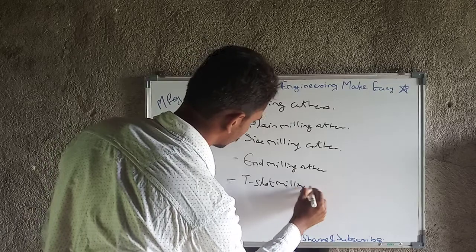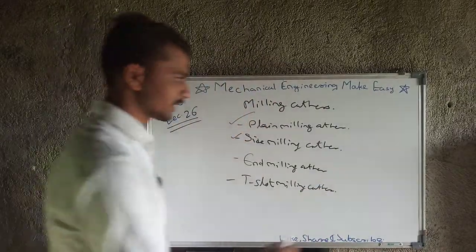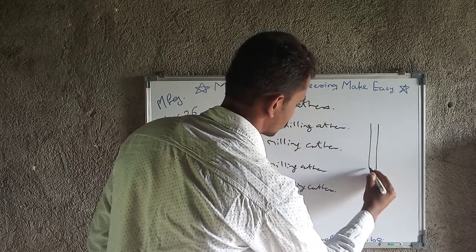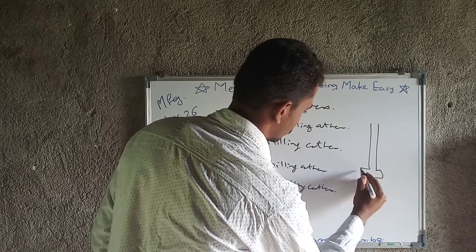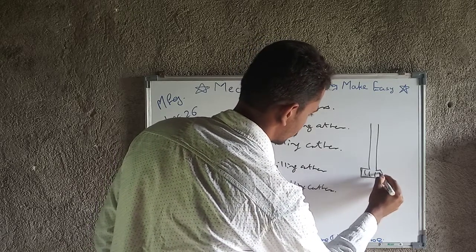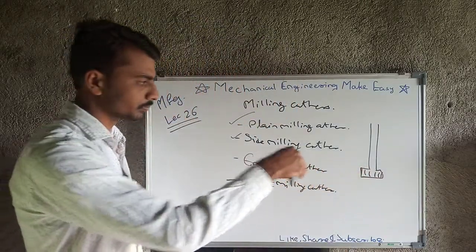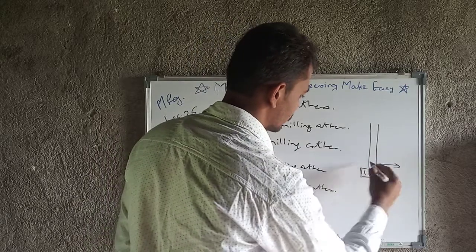T-slot milling cutter means which kind of cutter it will be. This will be the shaft, and here there will be the cutter. That cutter will have teeth on the circumference, and ultimately what will happen is this tool revolves and also moves in this or this direction.